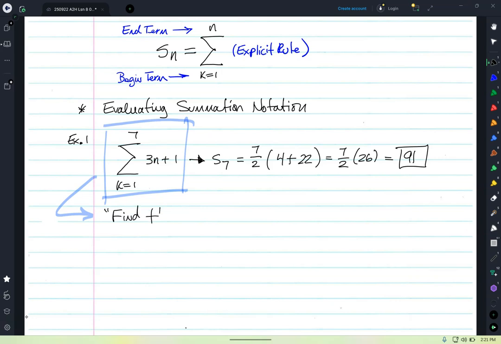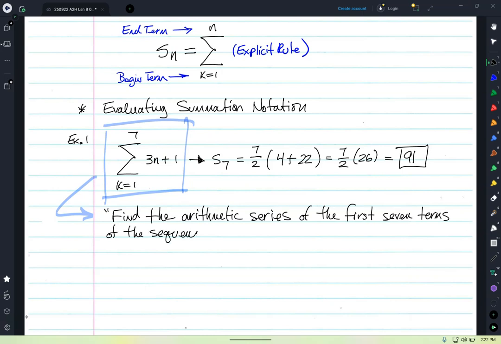Find the arithmetic series of the first 7 terms of the sequence governed by the explicit rule 3n plus 1.